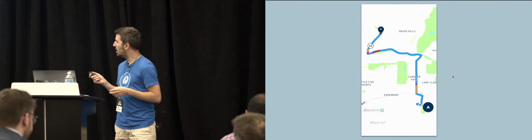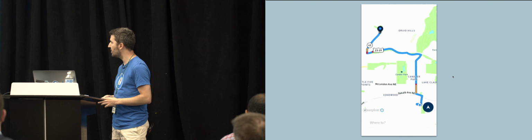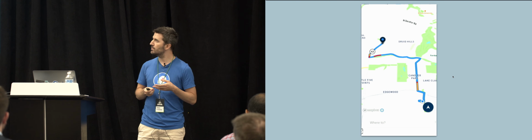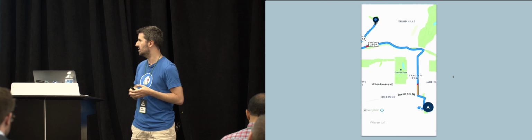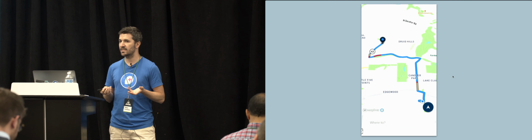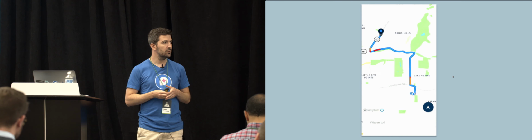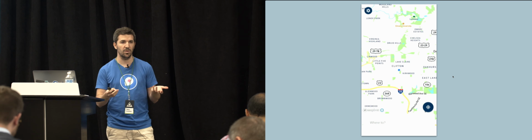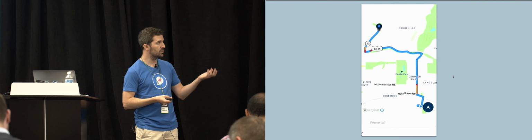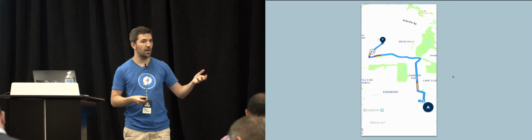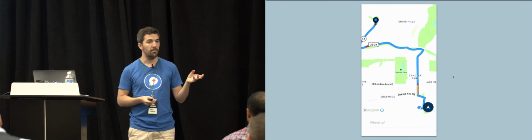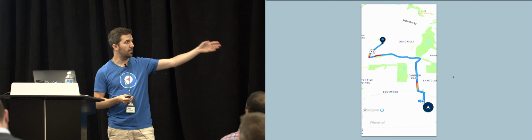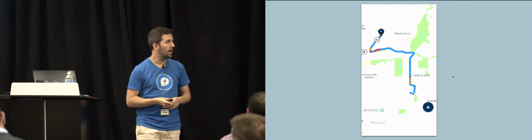as you can see, there are these blue, yellow, and red portions of the route, which show the congestion and the traffic. So this is not just doing a request to an API, getting the response and then drawing something. It goes beyond that in the sense that we need to get that information, parse it, and then at the end of the day, render it on top of a map, which of course we need to make sure is fluent.